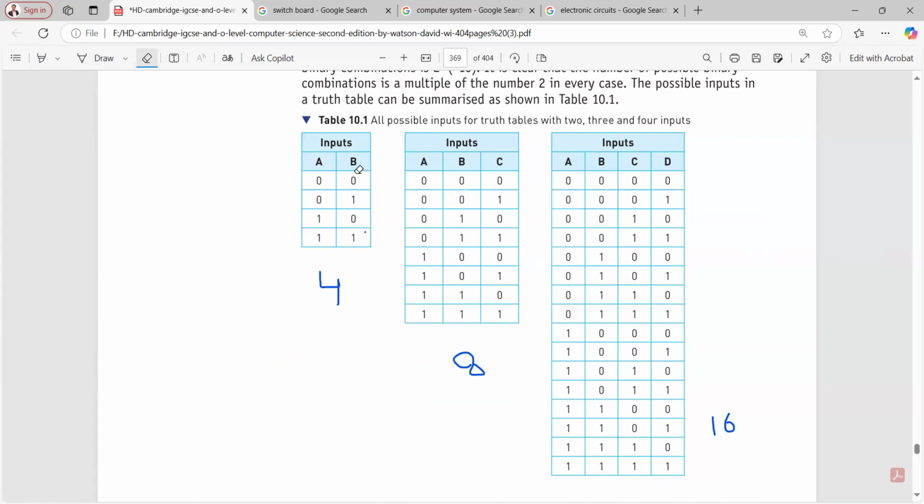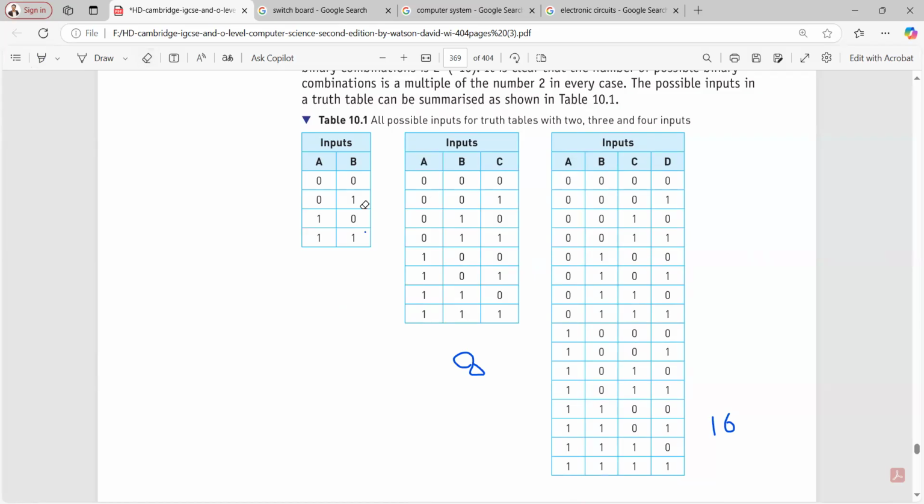In the first column it's always going to be 2 0s and 2 1s, and in the second column it's always going to be 1 0 and 1 1 if the number of inputs you have taken is 2. So it will start from 2 0s, 2 1s, 1 0, 1 1.